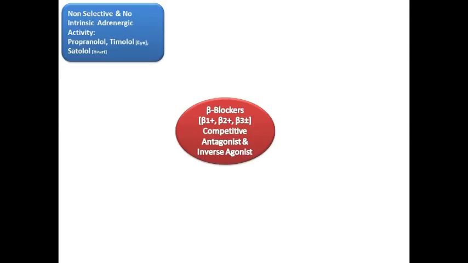Now remember, these are non-selective with no intrinsic adrenergic activity, so they don't have any intrinsic sympathomimetic activity of their own. We'll come to what that intrinsic activity means, but just remember for now that these are non-selective beta blockers, plus they don't have any intrinsic activity of their own.